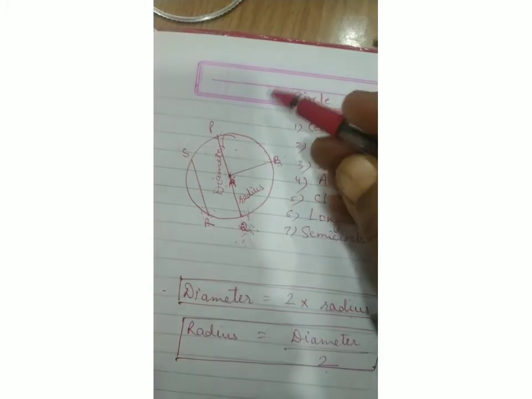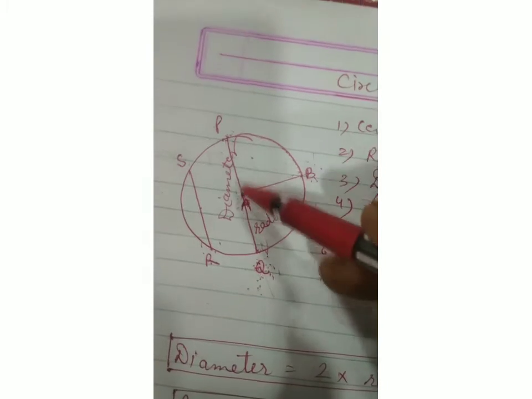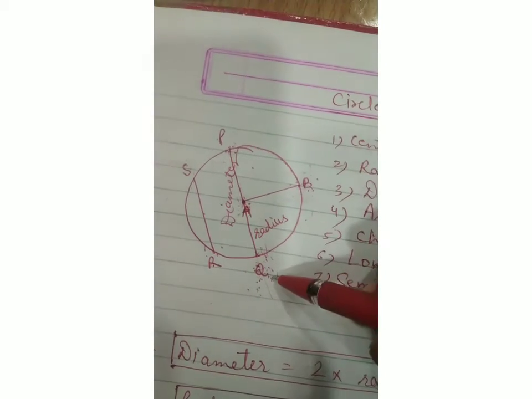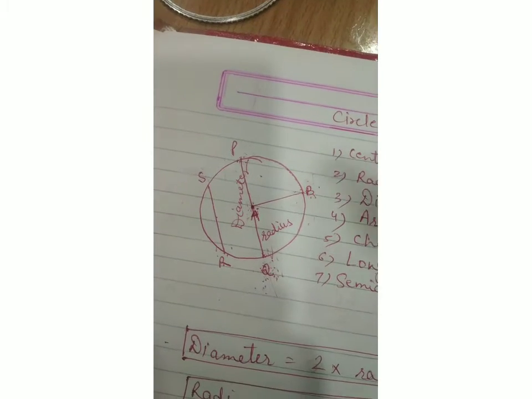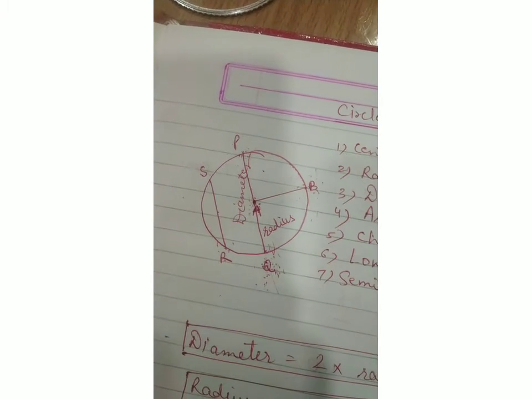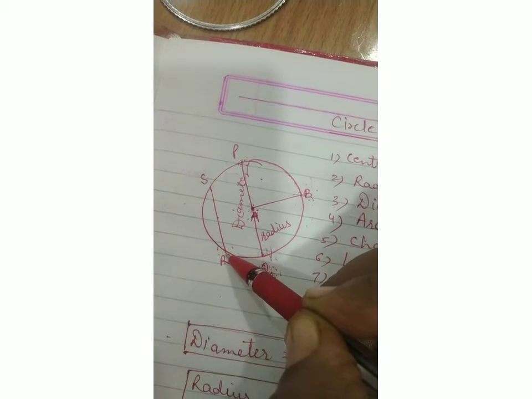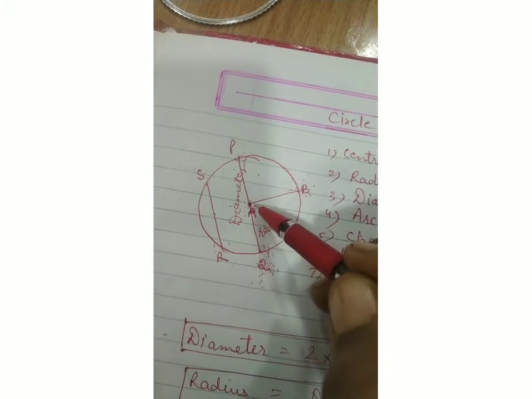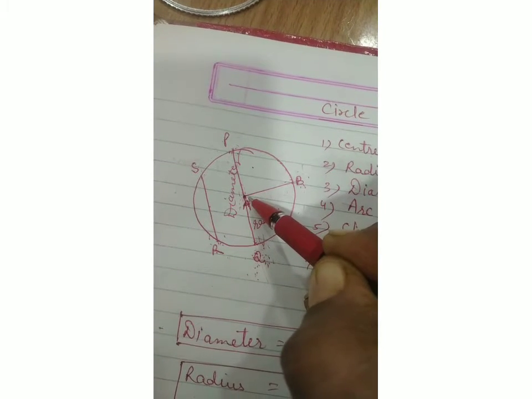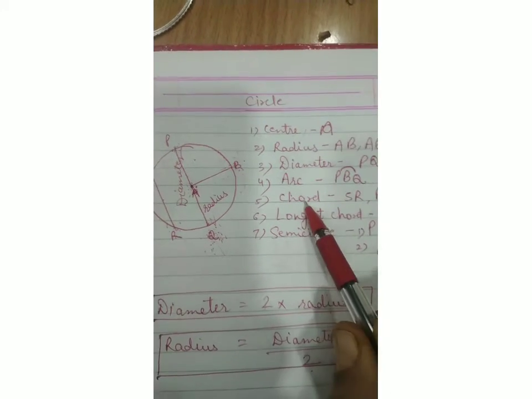But the line segment which is passing through the center of the circle is diameter, and diameter is the longest chord of the circle. Okay. For the chord to be, it is compulsory condition that 2 points should lie on the circle, but it is not compulsory that line segment will pass through the center of the circle. Now, so SR is a chord.